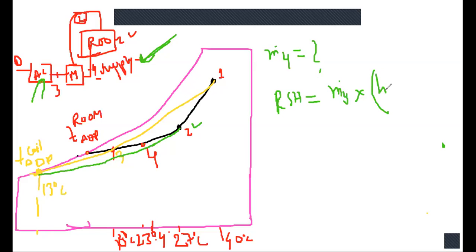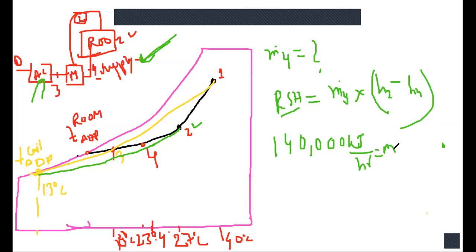That means H2 minus H4. Room sensible heat means 1,40,000 kilojoule per hour equals this, and we have to calculate the enthalpy drop.